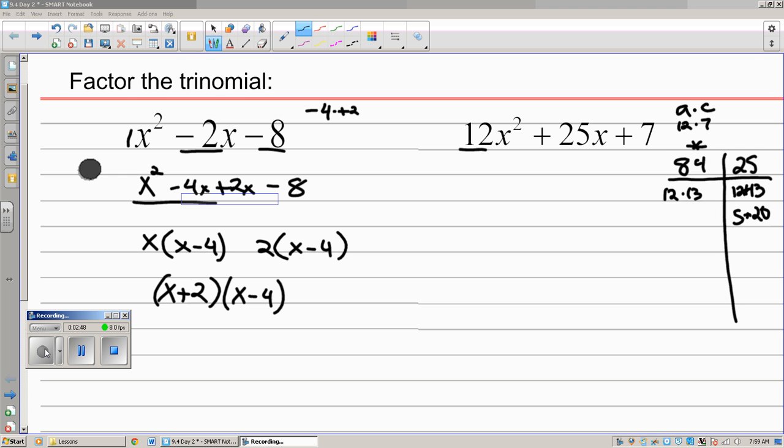Would that work? I actually did one before that. I did 10 plus 15. And I know 10 plus 15 is 25, but I know 15 times 10 is 150.